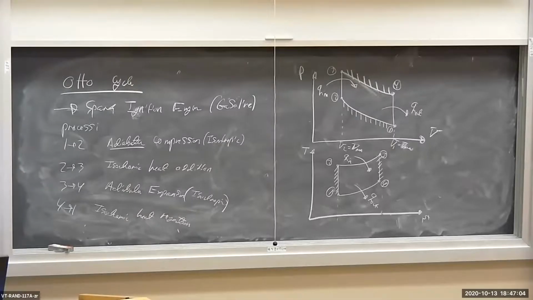I have T1 over T2, which is equal to V1 over V2 to the power of K minus 1, I'm sorry, 1 minus K. That is from the property relationship.